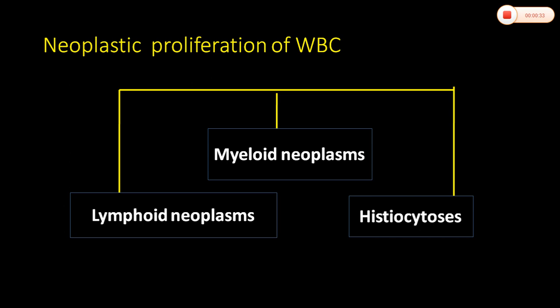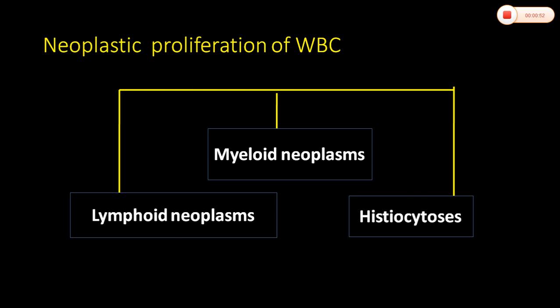Here the neoplastic cell resembles a lymphocyte. So the neoplastic proliferations where the neoplastic cell resembles lymphocytes, showing the features of lymphocytes, we have grouped them under lymphoid neoplasms.